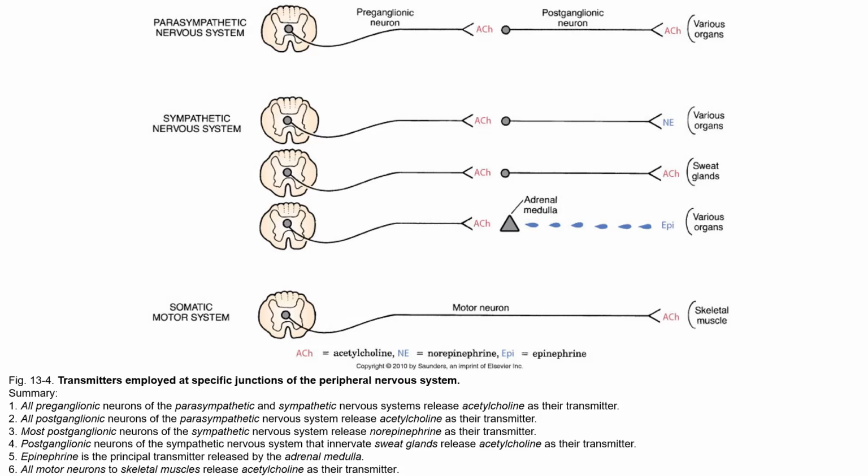Epinephrine can activate alpha and beta receptors, norepinephrine can control alpha 1, alpha 2, and beta 1 receptors, and dopamine can activate alpha 1, beta 1, and dopamine receptors. Epinephrine is the only transmitter that acts at the beta 2 receptor.